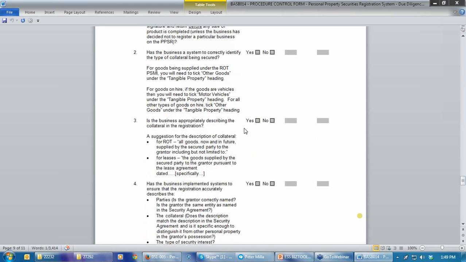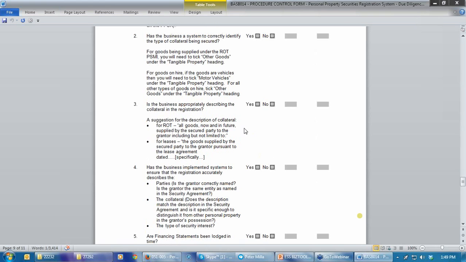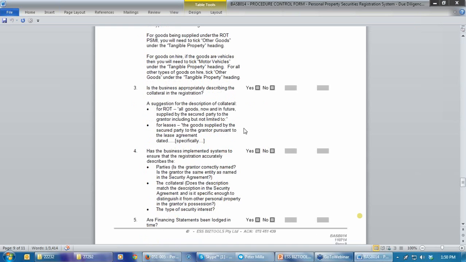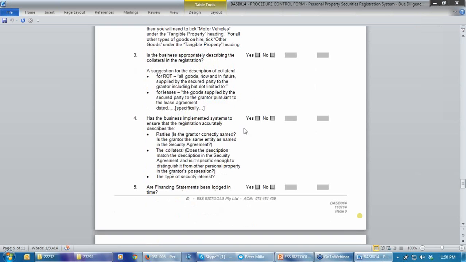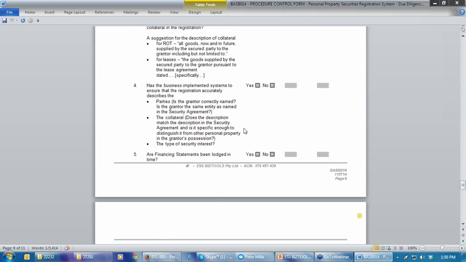Is the business appropriately describing the collateral in the registration? It's a good idea to describe it as all goods now and in future supplied by the secured party to the grantor, including but not limited to. If you don't have that type of clause, to have effective protection, you'll have to be protecting every individual invoice. The parties have got to be correctly named. The ACN has to be correct, otherwise the registration is null and void.